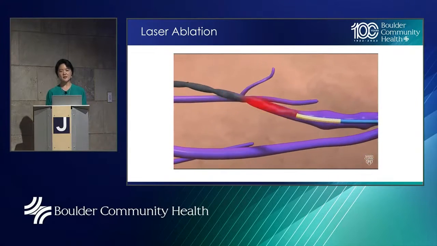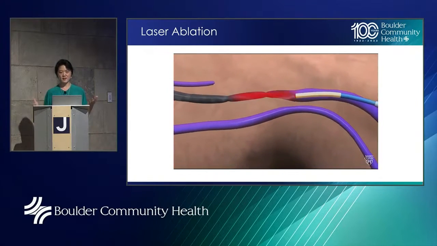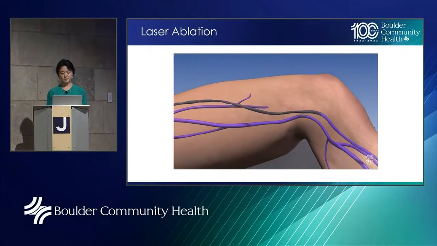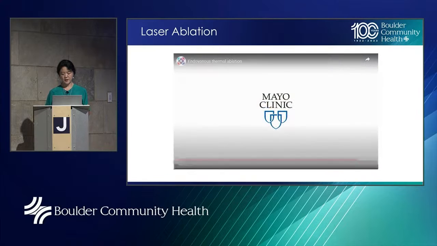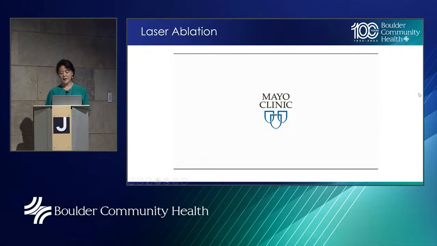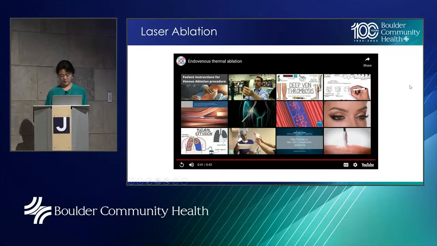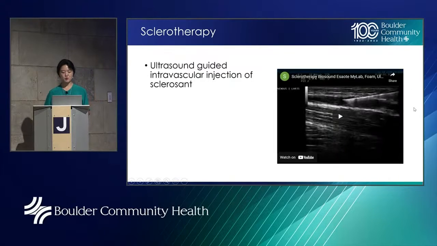And as the laser is pulled back, the vein is ablated. As this happens, over time, that vein gets absorbed, and 6 months later, if you were to do a repeat ultrasound, it's as if it was never even there. Your body completely resorbs it.